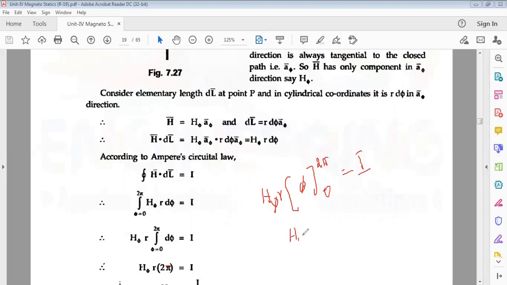So H phi R into 2 pi is equal to I, and H phi is equal to I by 2 pi R.